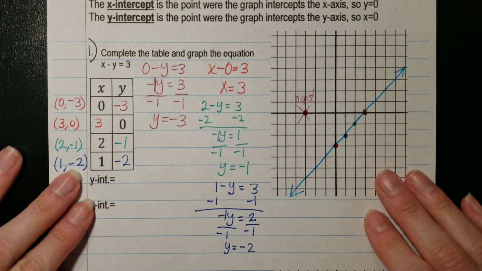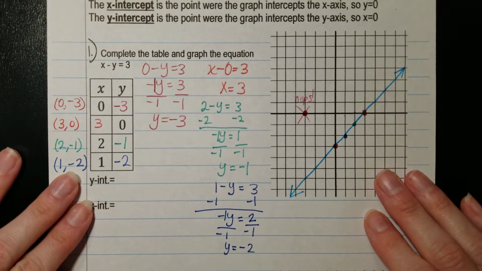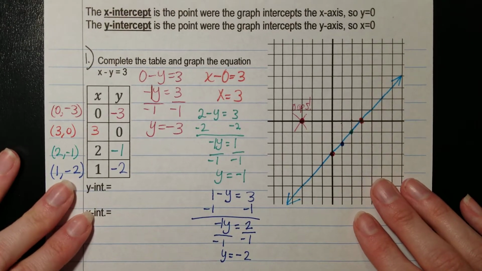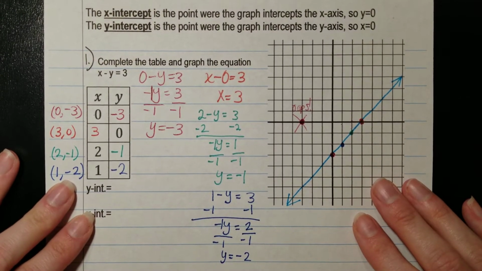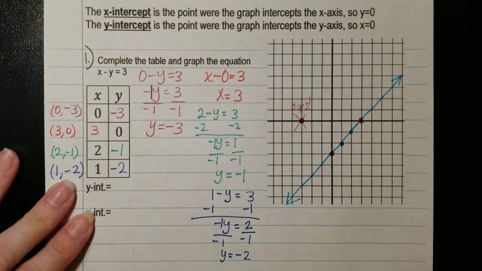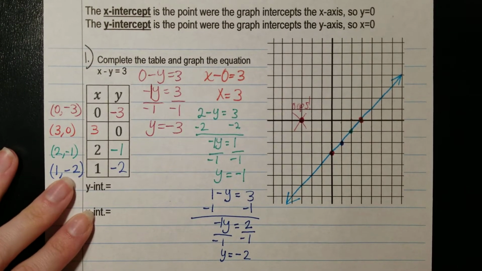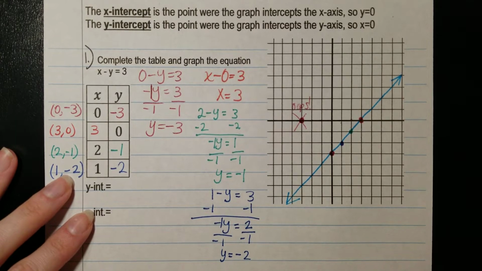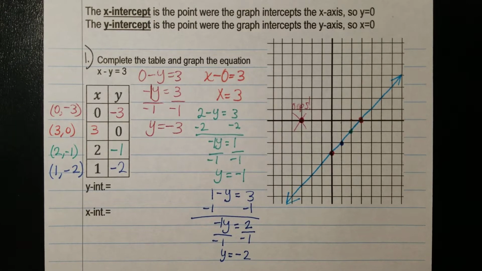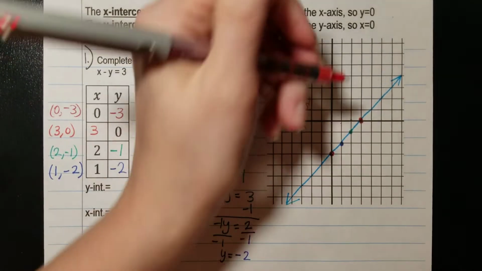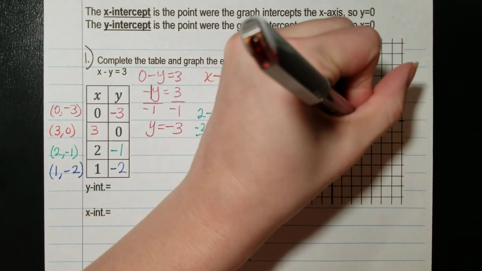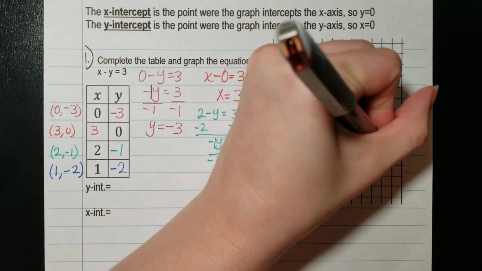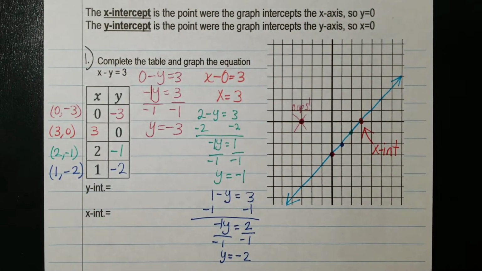And then it is asking for the x and y intercept. All right, so the x-intercept is the point where the graph intercepts the x-axis. So in other words, it is the point where y is equal to 0. So in this case, our x-intercept is over here. There's our x-intercept.